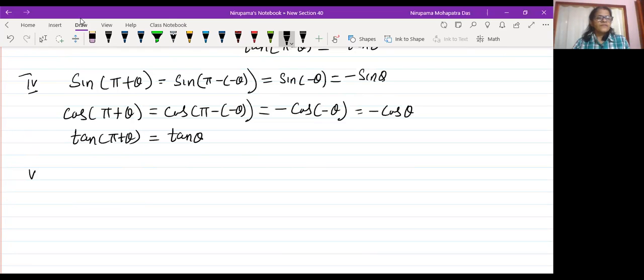The fifth one is, we are in the third quadrant, so 3pi/2 - theta.